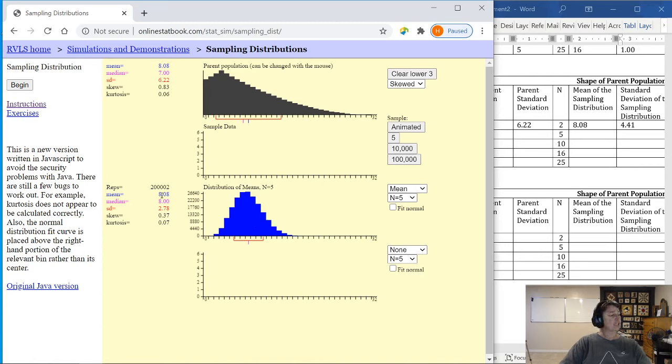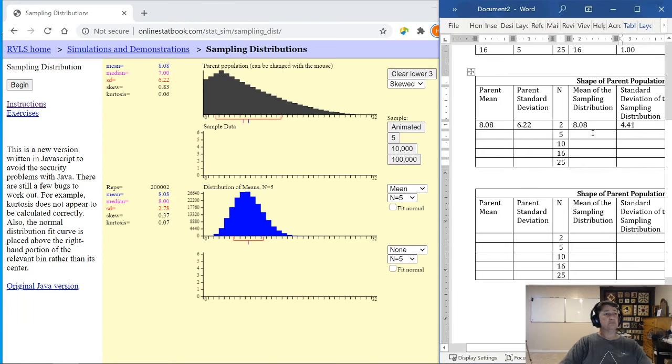My mean is still right there at 8.08, but my standard deviation now is 2.78. But my parent was still 8.08 and 6.22. So notice that when I increased my sample size, that standard deviation really did get smaller.